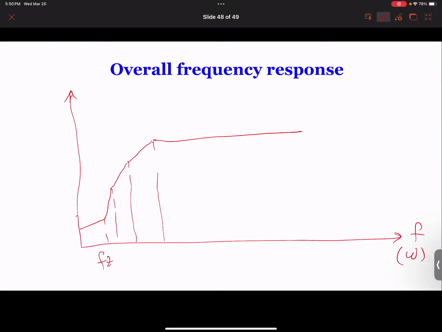So this is FZ, this is FP1, FP3, FP2. And in the middle band, you might have something like this. Depends on what you have. So this omega H1, omega H2, and then maybe here is omega Z2. You can use omega or F either way. It doesn't really make a huge difference. So this is your overall frequency response.